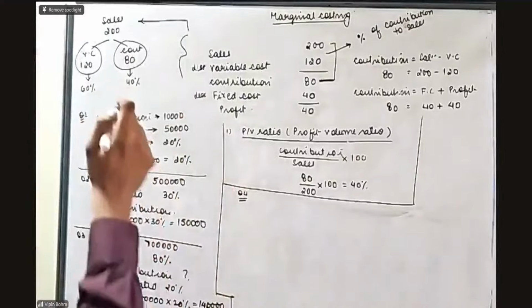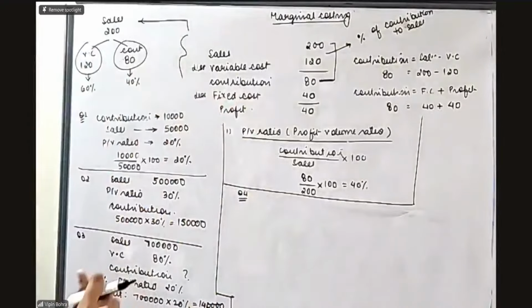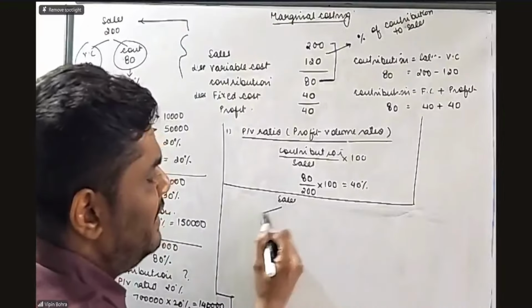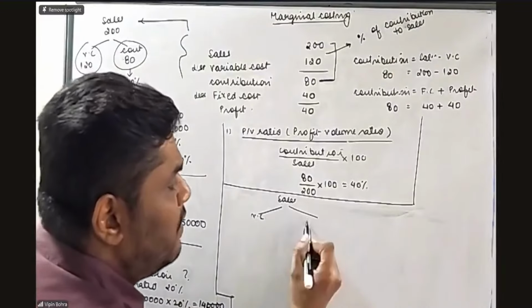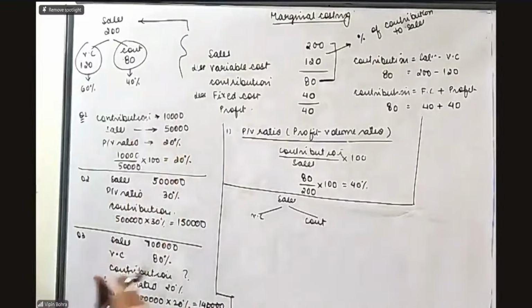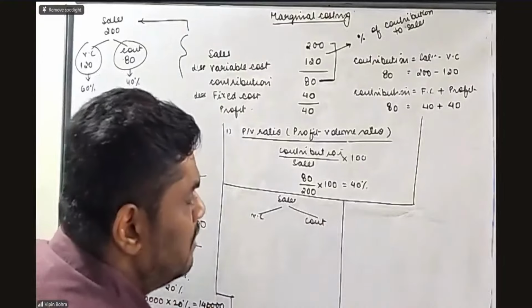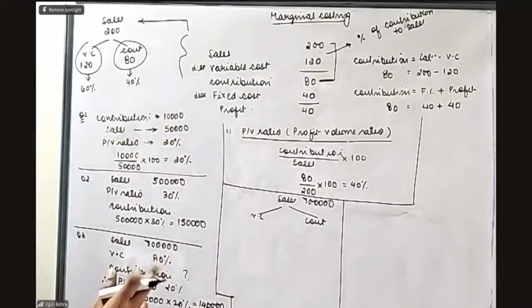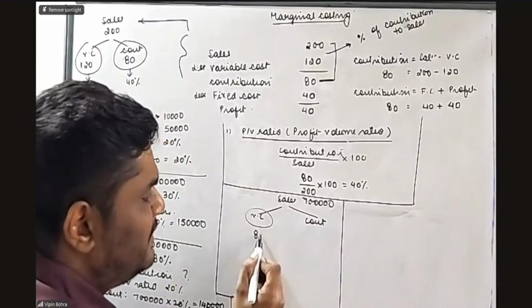Very important, guys, when talking about sales. See, herein also, writing this explanation, sales can be divided in two parts, variable cost and contribution. My sales is how much? My sales is 7 lakh. Now, variable cost is 80% of sales.